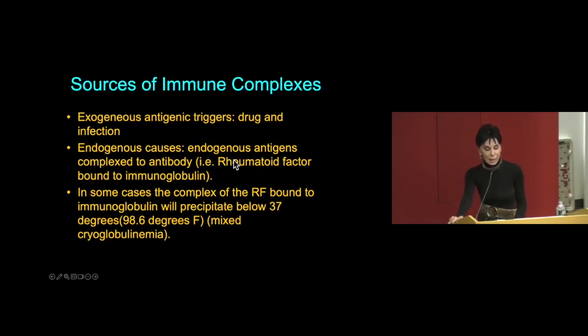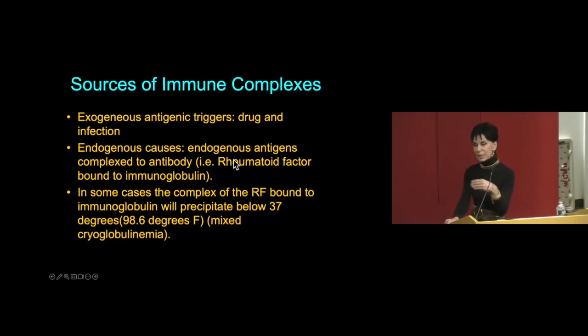an antibody bound to immunoglobulin. And an antibody that is bound to immunoglobulin is a rheumatoid factor. And so in autoimmune disease, an important etiology for the immune complex vasculitis, in fact, is a rheumatoid factor bound to immunoglobulin.